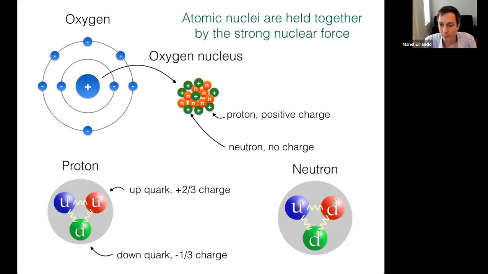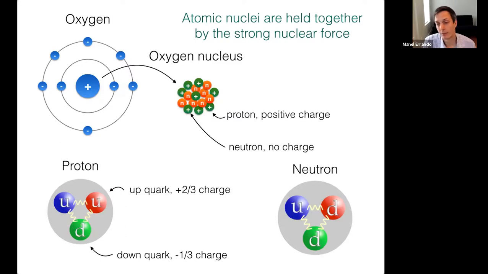In a way, particle physicists are a little bit like little kids. They just smash things and see what pieces come out. And this is as small a piece of matter as we've been able to see. So as far as we know, the up quark and the down quark don't have an internal structure. They cannot be broken down into pieces.